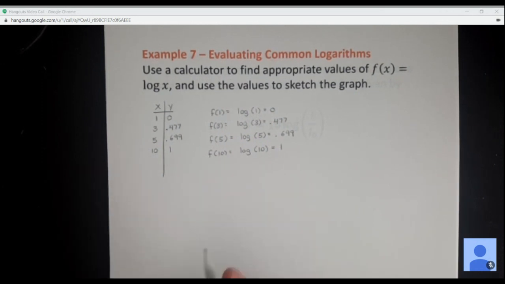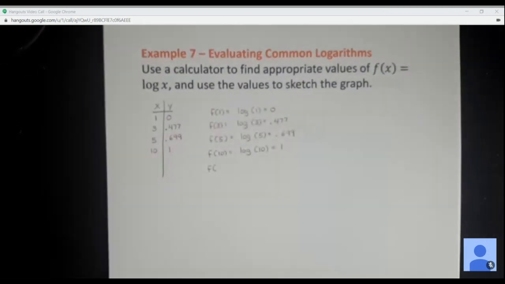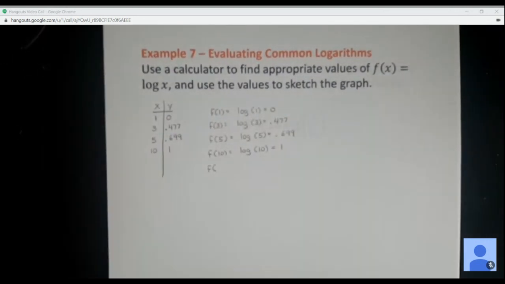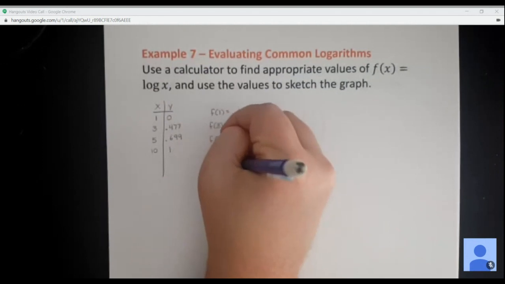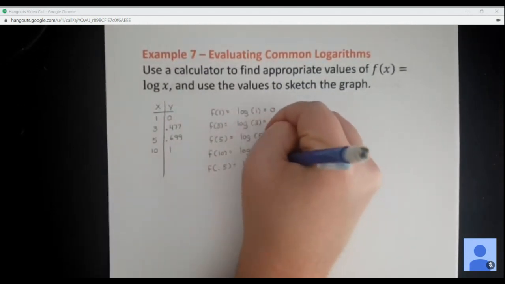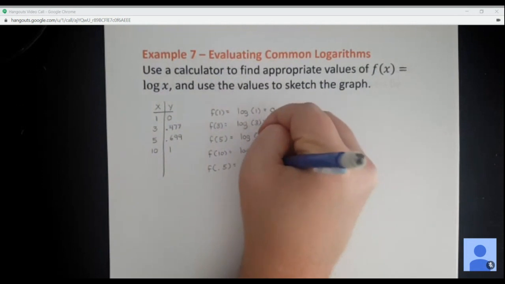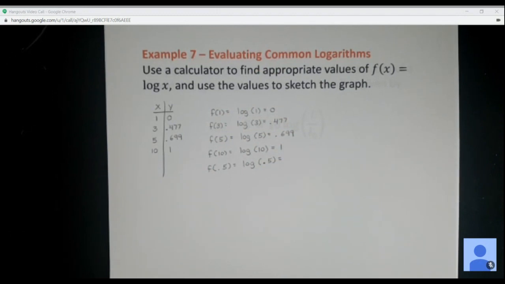Could we check some fractional values, though? Let's do that and see what we get. Give me a fractional or decimal value that I could check. Okay, let's do f of 0.5. So we're looking at the common log of 0.5. Again, there's no good way to get there just doing it manually, so we're going to have to use the calculator.